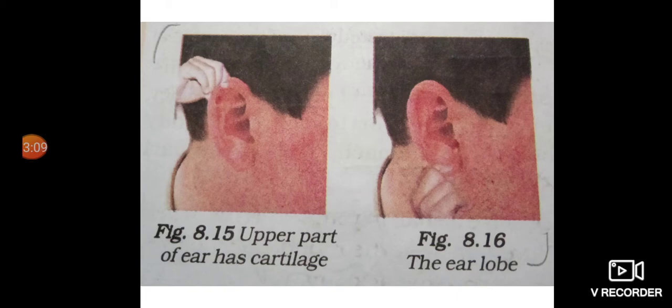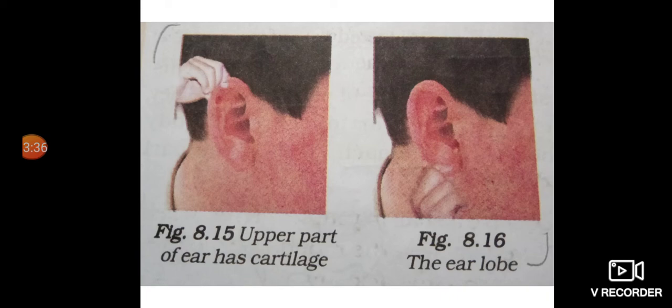As you press them between your fingers, you feel something in the upper part of the ear that is not as soft as the earlobe, but not as hard as a bone, isn't it? So this is the cartilage. Where is cartilage found?